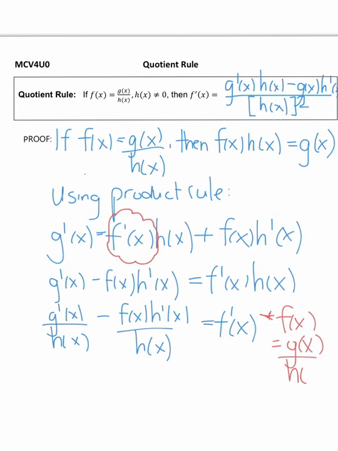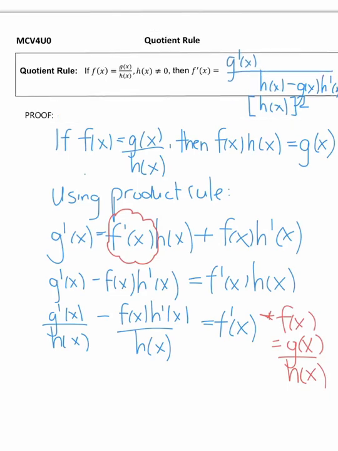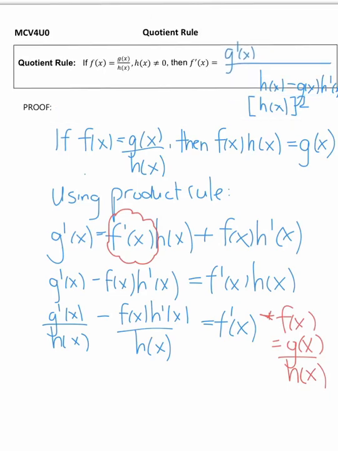So I'm going to replace that. If we replace that over here, we get g prime of x over h of x minus g of x, h prime of x over h of x, and then we have another h of x on the bottom, so we now have h of x squared.